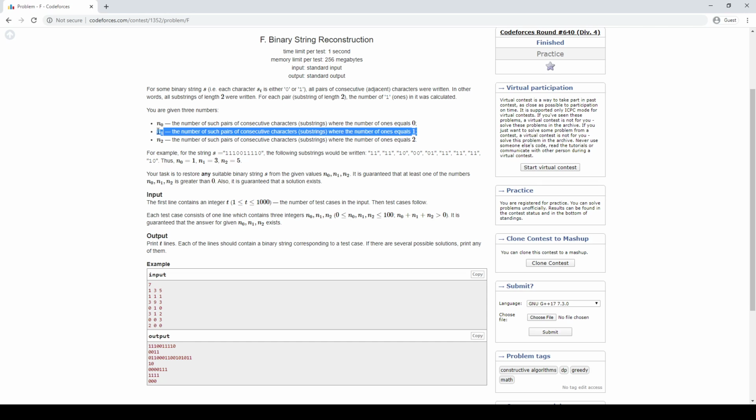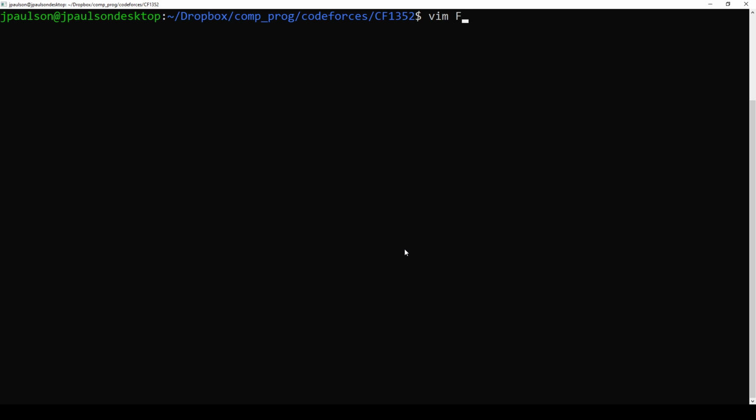And then n0 is just sort of the number of zeros. I see, and it's at length at most 100. Okay, well, let's start coding it and see if it'll help do some examples by hand.